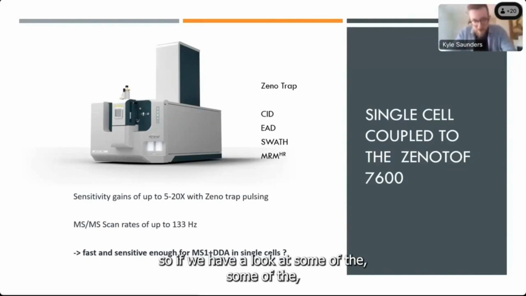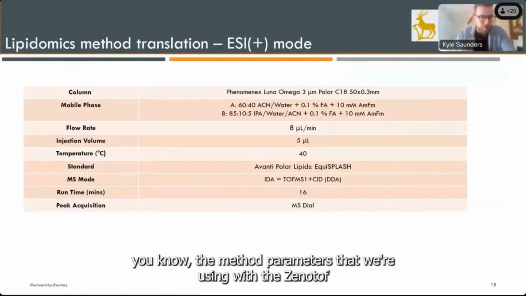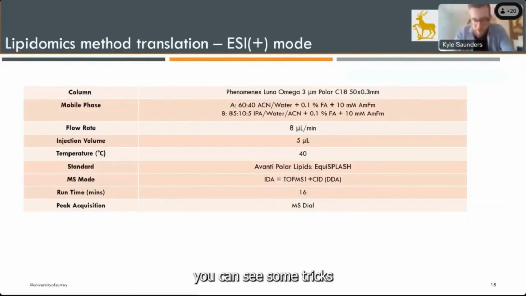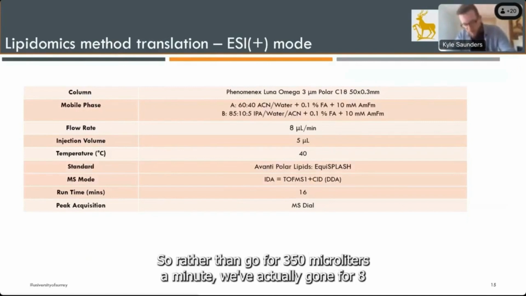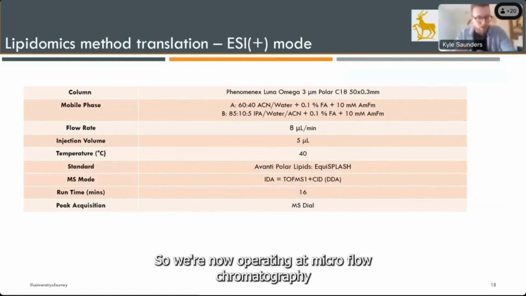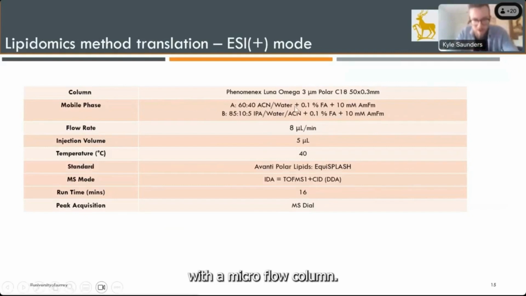So if we have a look at some of the method parameters using the Xenotop, you can see some other tricks we've thrown in there to improve the sensitivity of this. So rather than go for 350 microliters a minute, we've actually gone for 8. So we're now operating at microflow chromatography with a microflow column.